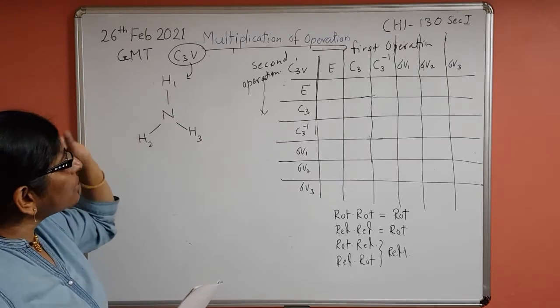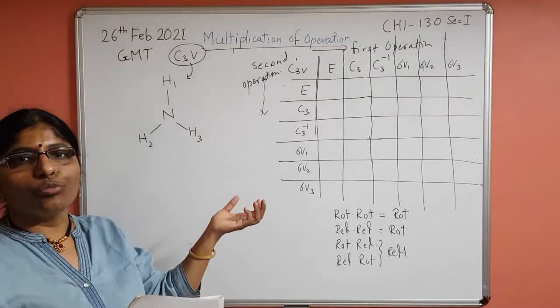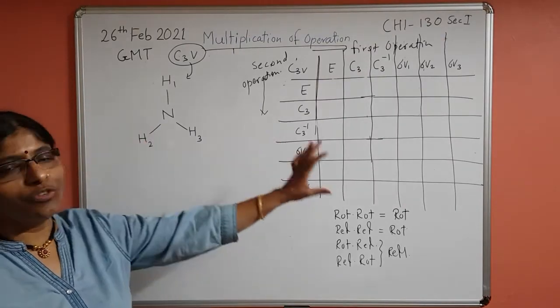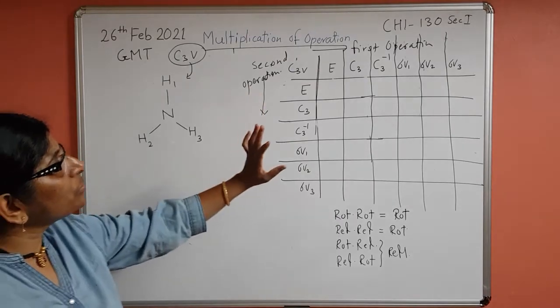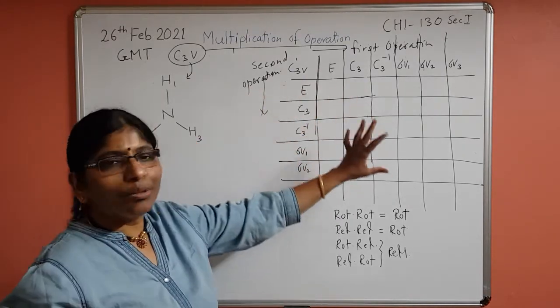Here I am going to perform the drawing method. That means we have to choose the molecular geometry, then do the product of two binary operations, and then fill the table. Just to save time, I have written this table and we need to complete it.